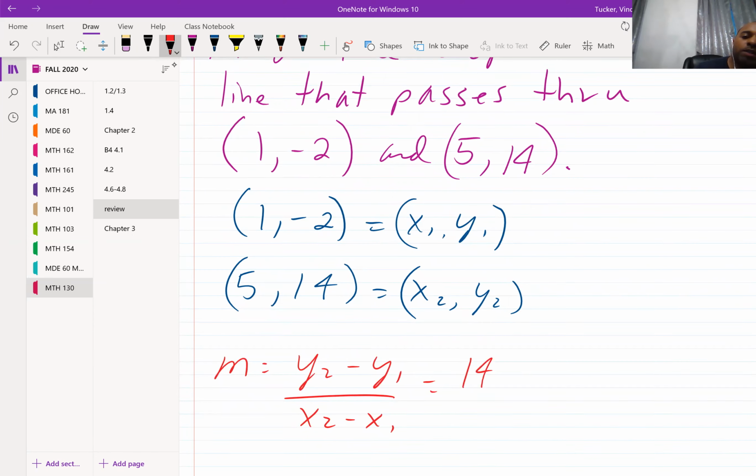Y2 is 14. Y1 is -2. Make sure you don't lose the negative. There's a minus sign in the formula, but then also we're substituting in -2, so make sure you don't lose a negative there. And then we have 5 minus 1.